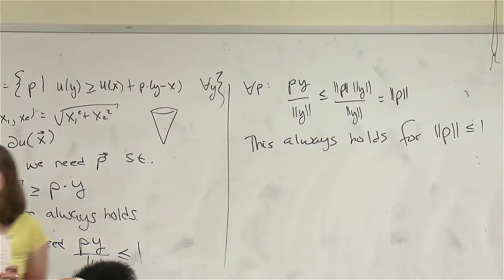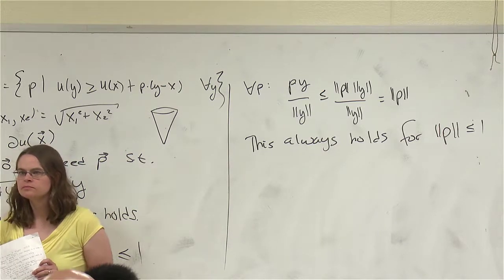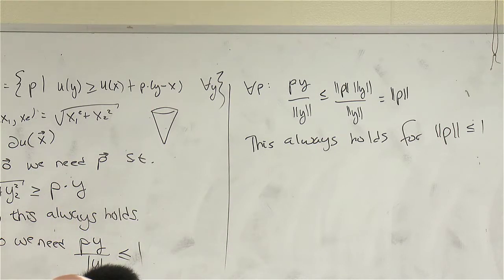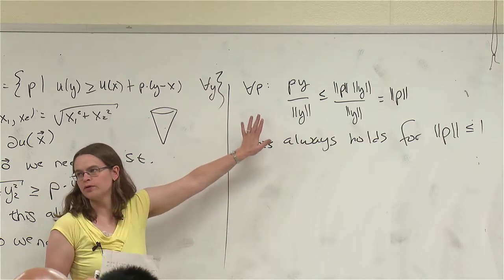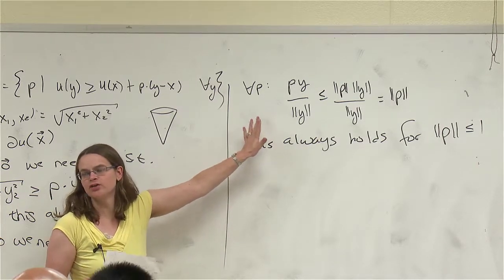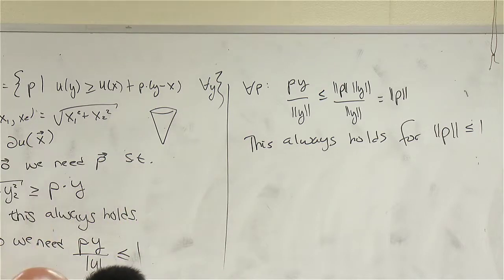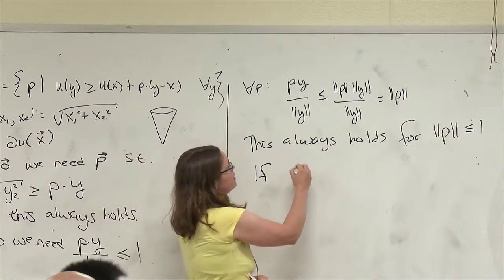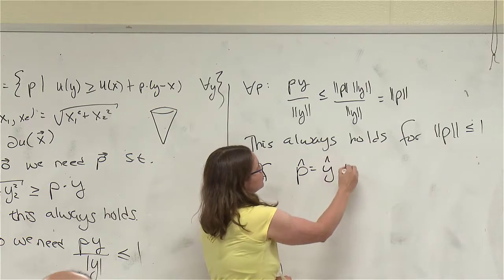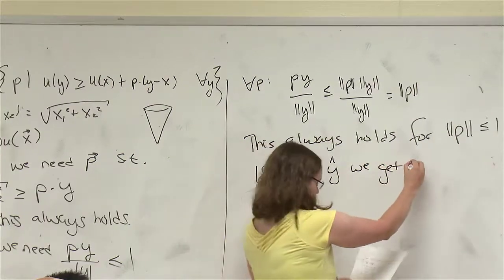Okay, and how do we make it tight? In other words, what choices of p or y would cross the threshold here where we get equality? Yeah, so if they're pointing in the same direction, exactly. So if p hat is equal to y hat, we get equality.